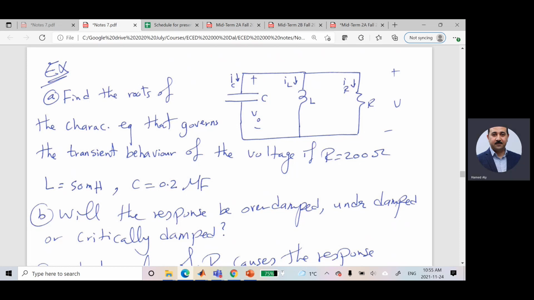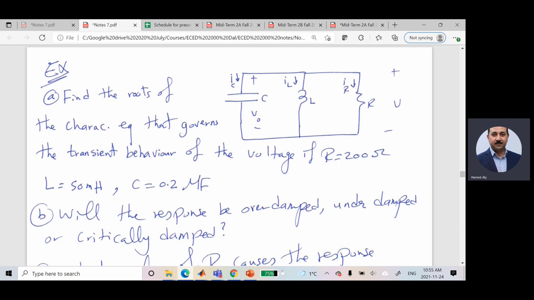So what are the roots for the characteristic equation? I told you the characteristic equation is the equation that's a function of S, which is S squared plus something multiplied by S plus another constant equal to 0, which is the polynomial equation.